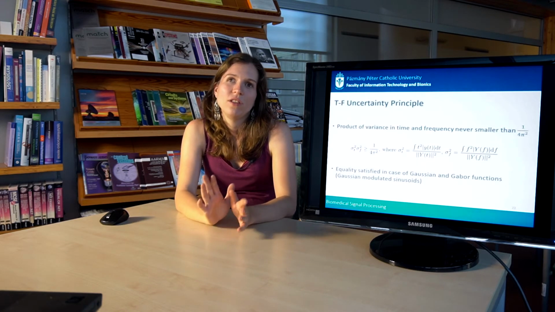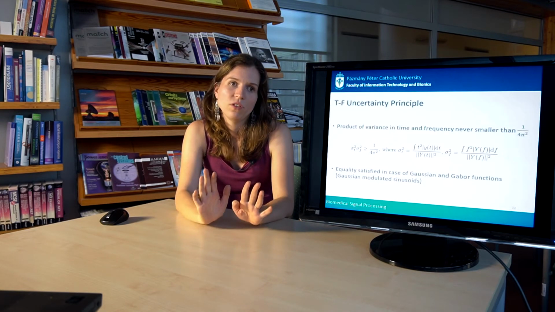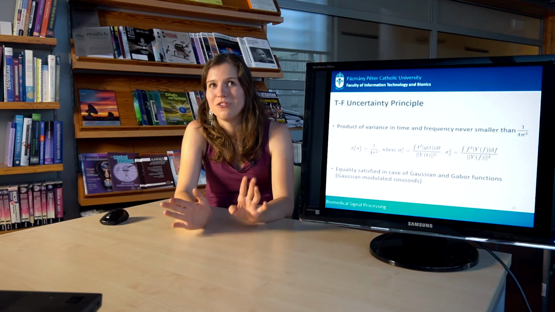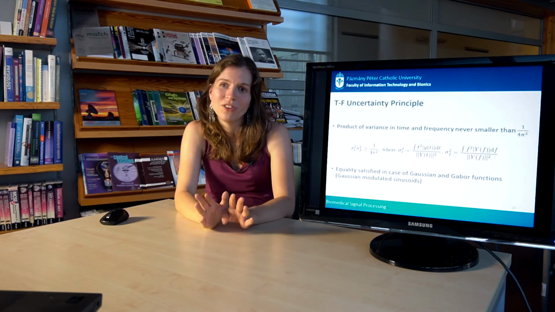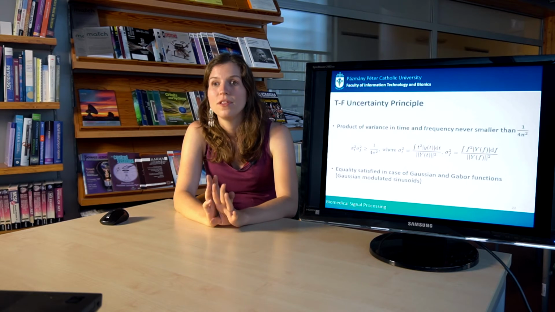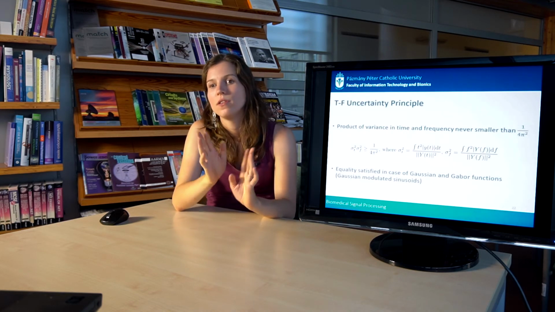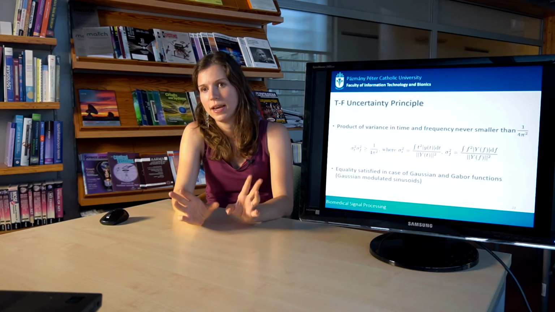And actually this is your best option, the Gaussian function. So there is, to our knowledge, no better solution than the Gaussian function if you would like to have this maximal resolution in time and frequency simultaneously.